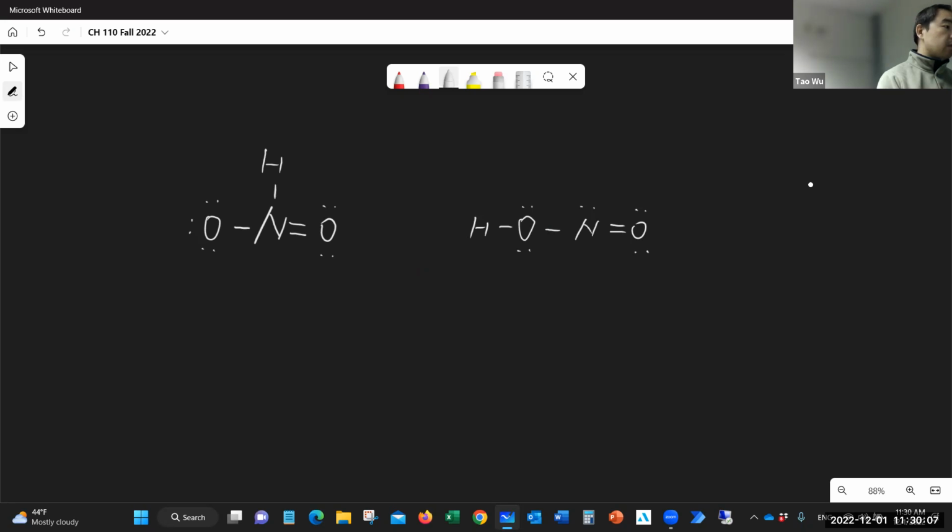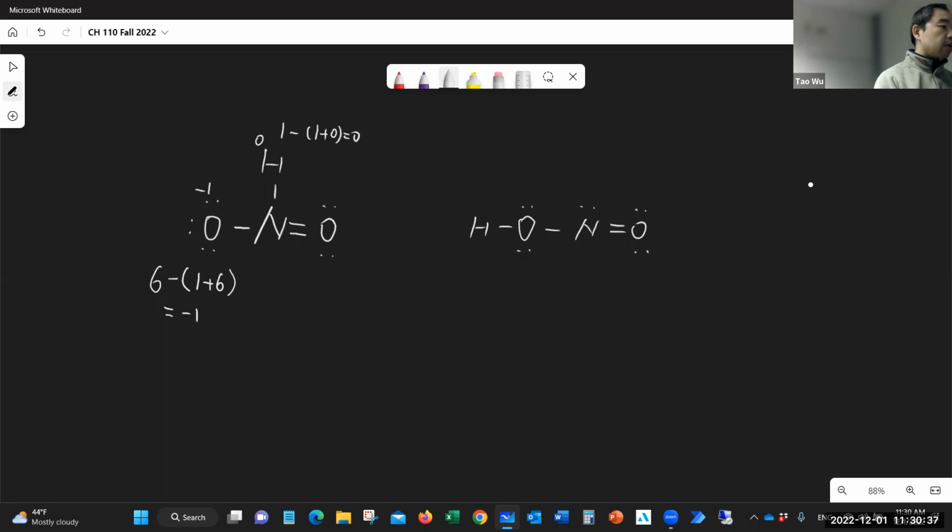For this oxygen, there are 6 valence electrons, subtract 1 bond, plus 6 dots. So this formal charge is -1. For the hydrogen, it's just 1 subtract 1 plus 0, so that's 0.